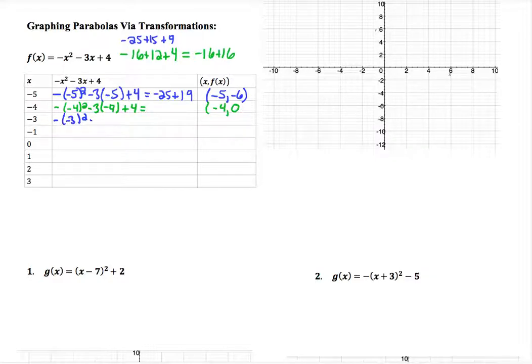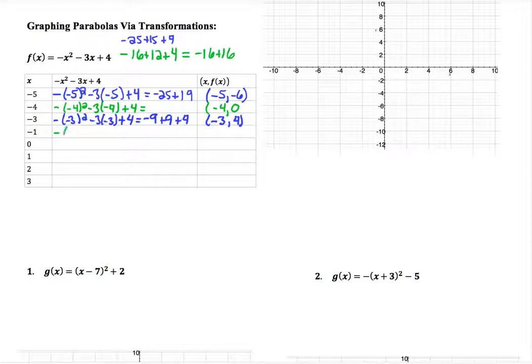-3 squared minus 3 times -3 plus 4. I'm going to see if I can show that in here. So it's going to be -9 and then plus 9 plus 4. So that's going to be a nice 4 when I put -3 in. And so forth and so on.